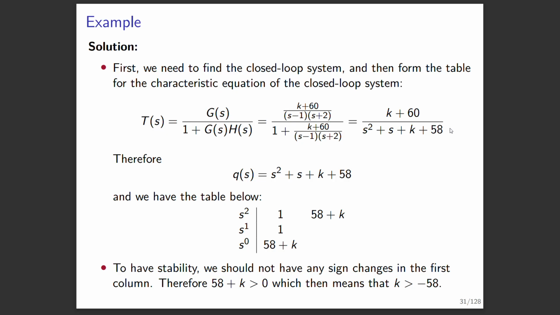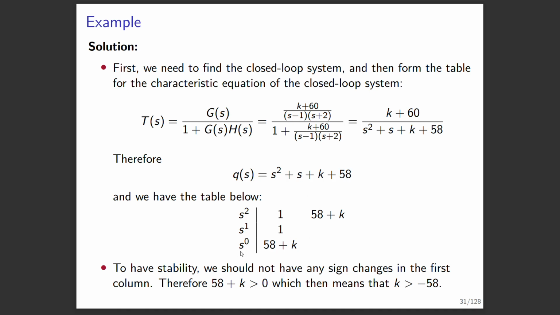Then I look at the denominator, that's my characteristic equation. Now I want to fill out this table for the characteristic equation, so I'm going to have 1 and then k plus 58 in the first row, and I'm going to have 1 and 0 in the second row. I can make the third row, or I can deduce that from the first 2 rows.